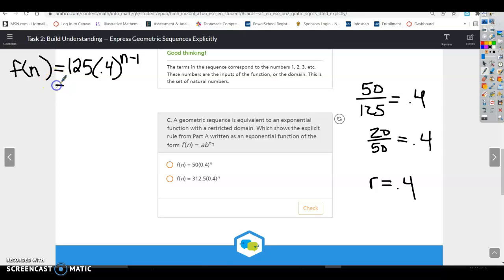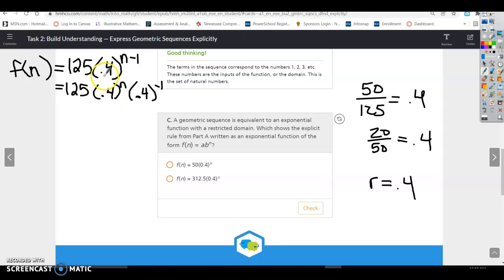So what does it mean to have 0.4 raised to the n minus 1 power? So I could have this to the n power times the negative 1 power.